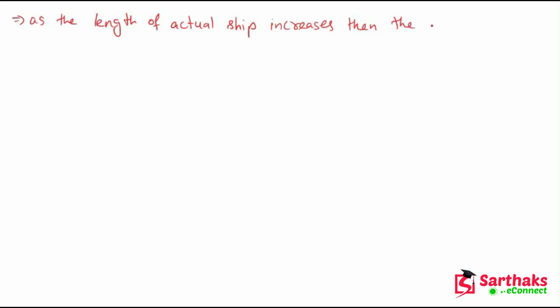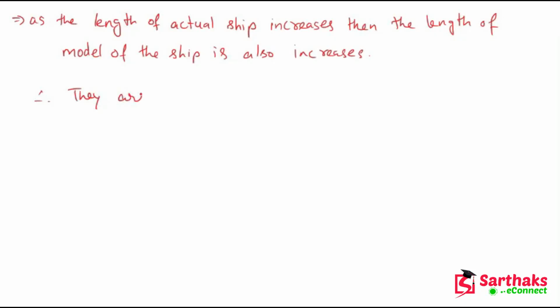You can see that these two variables are in direct proportion. Got it, my dear friends? So we can say the length of the actual ship is directly proportional to the length of the model ship.